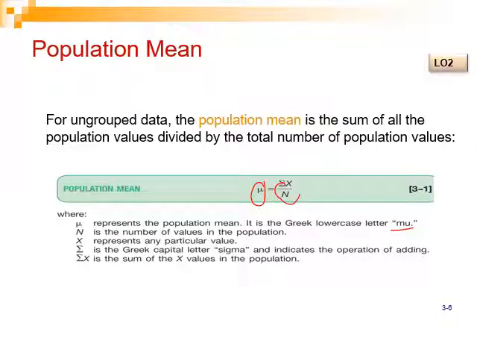Capital N is the number of values in the population, and x represents any particular value. The summation sign means the sum, and sum of x is the summation of the x values in the population. So the population mean is represented by mu.